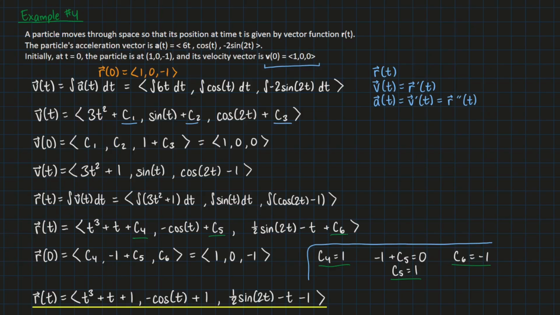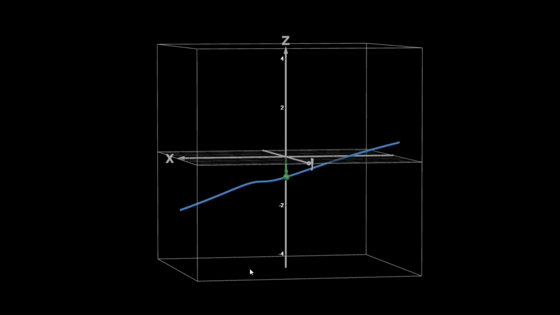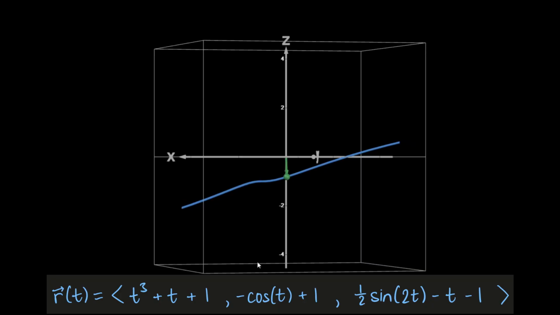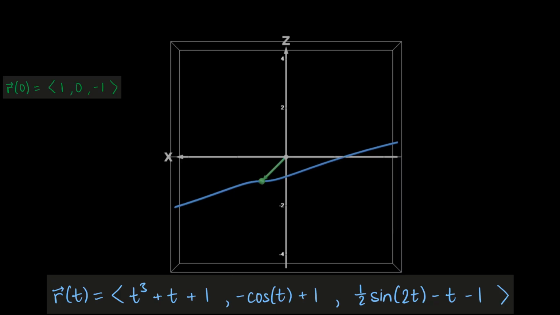And let me show you what the curve of r of t looks like on a graph. Alright, so the blue line is the curve r of t, and then green is a point on that curve, and then that green arrow is the r of t vector. Right now t equals 0, so r of 0 is 1, 0, -1.